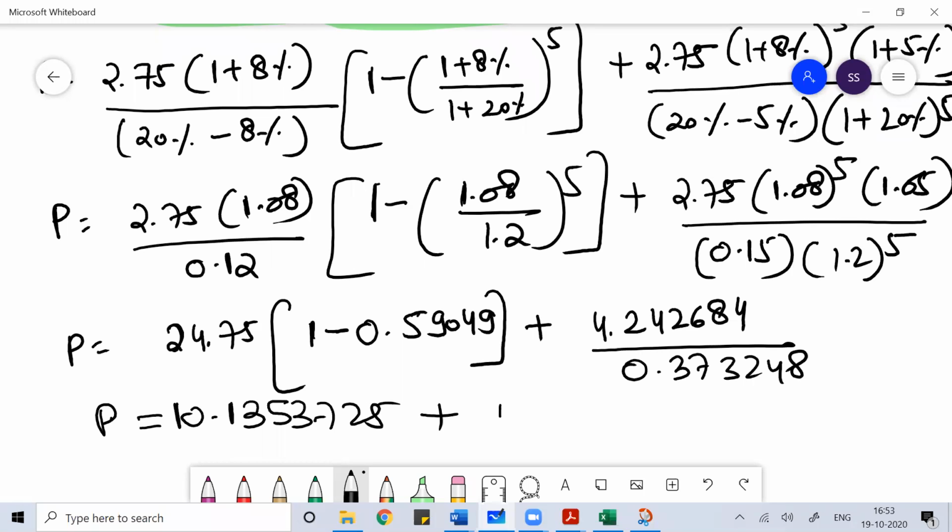You get 11.36693. This plus 10.1353, you get around 21.5022.